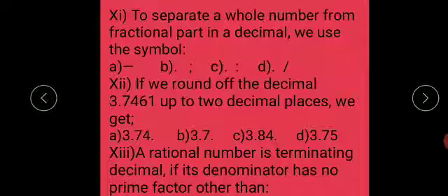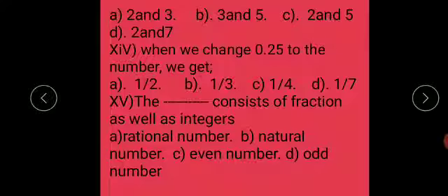Thirteenth part is a rational number is a terminating decimal if its denominator has no prime factor other than: first option is 2 and 3, second option is 3 and 5, third option is 2 and 5, and fourth option is 2 and 7.